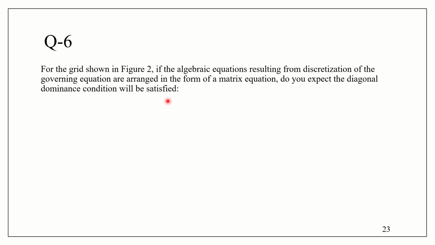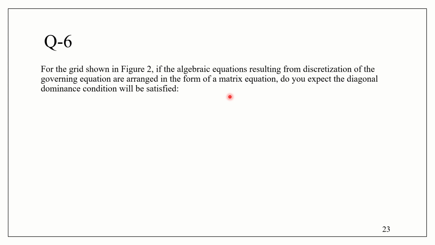Figure 2 is nothing but what we discretized right now. So we have got 10 algebraic equations from the discretization. If we are arranging it in the form of a matrix equation, what do we expect? Do we expect the diagonal dominance condition will be satisfied? So that is the question.